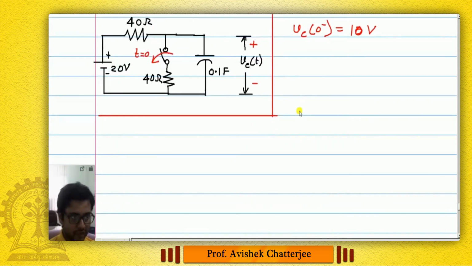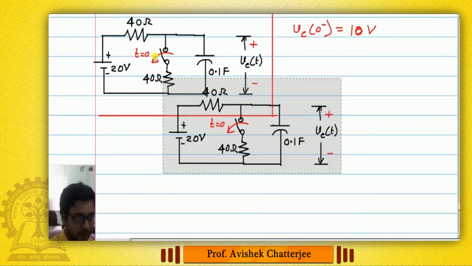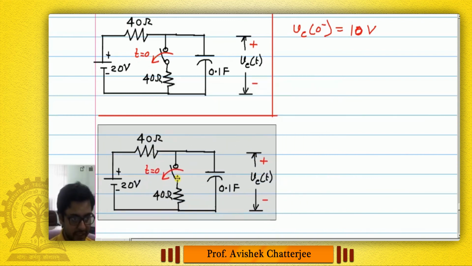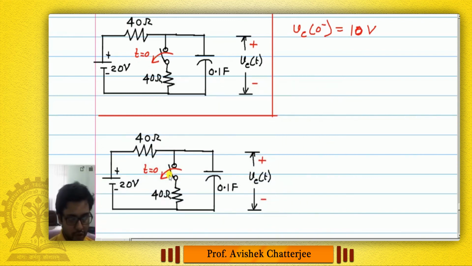Now after the switch is opened, let me redraw this circuit. Okay, so let me make it clean by removing this branch, because after the switch is opened, this branch is ineffective. So this is for time greater than or equal to 0.